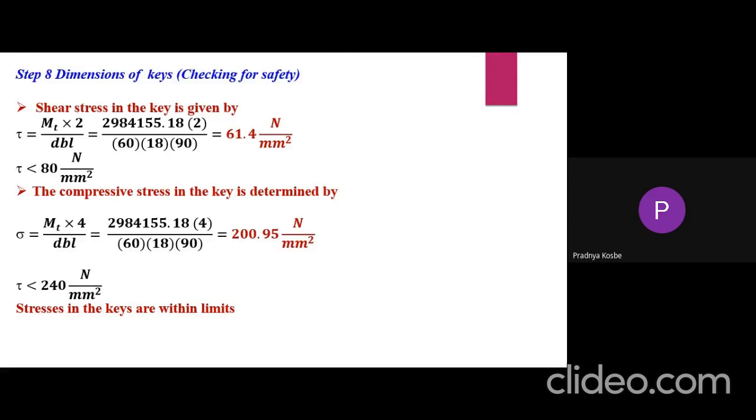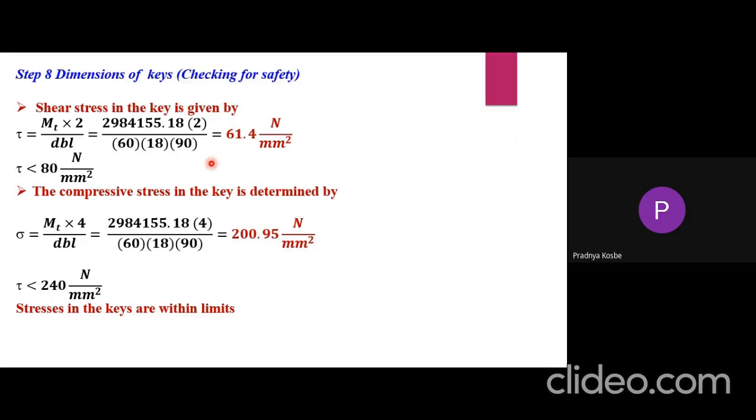And the last step is to check the dimensions of the key for safety. Shear stress will be developed in the key, and it is given by mt into 2 divided by dBl. That is the shear area over here.